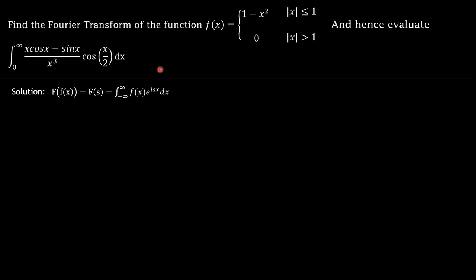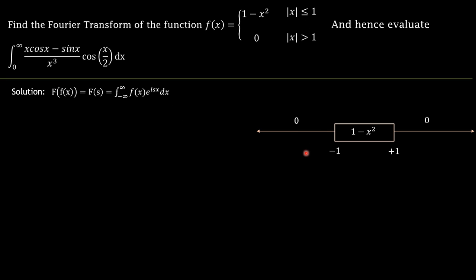From the definition of the Fourier transform, F of s is given by integration minus infinity to infinity f of x into e to the power isx dx. But what do you know about the function f of x, students? F of x is defined as 1 minus x square for mod x less than or equal to 1, which means in the interval minus 1 to 1, the function value is 1 minus x square.